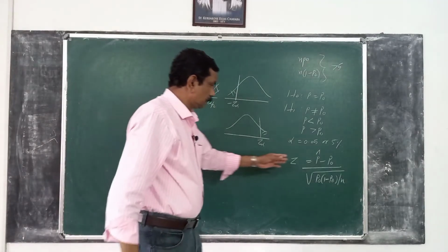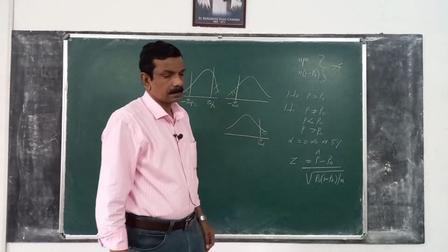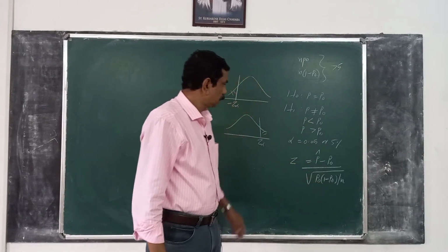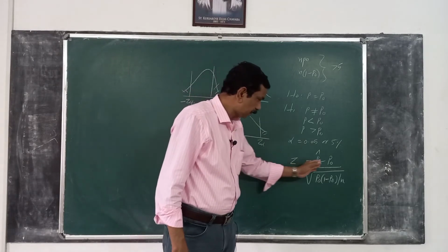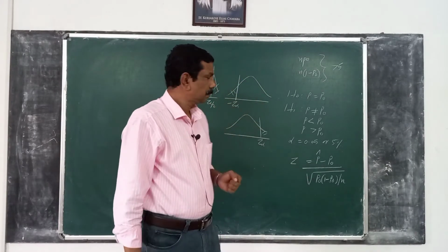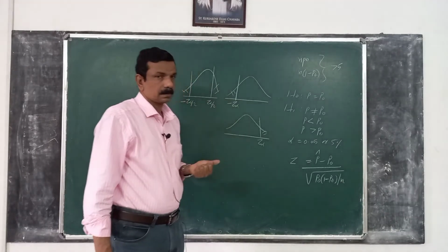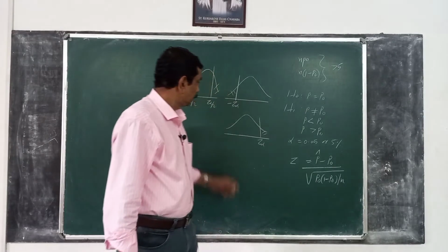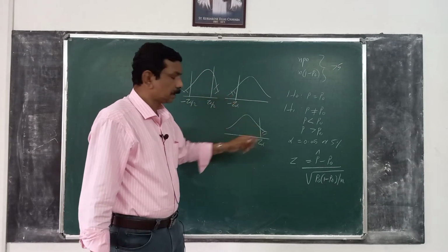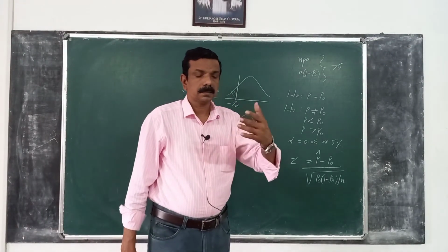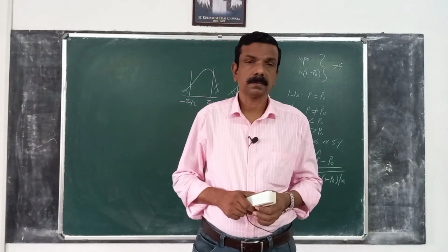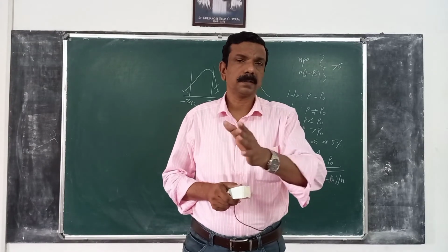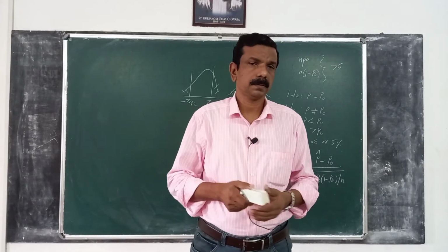We compare the value of Z obtained from the sample with the critical Z values. If it is in the critical region, reject H0, otherwise do not reject H0. This is the procedure for testing significance of one population proportion.